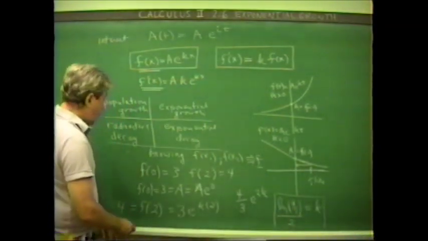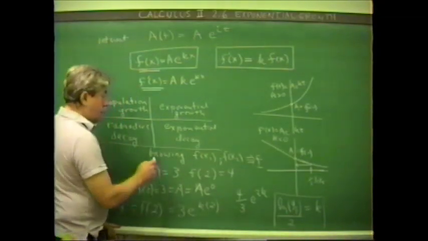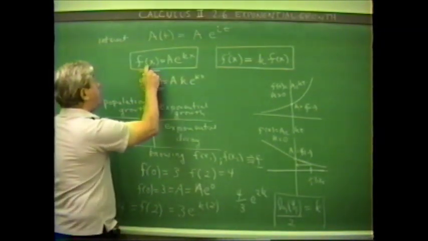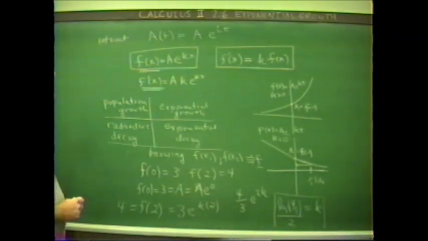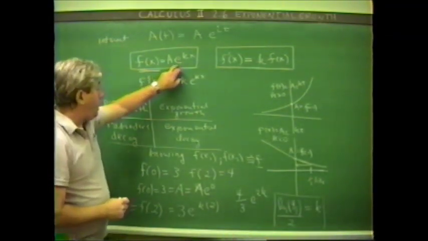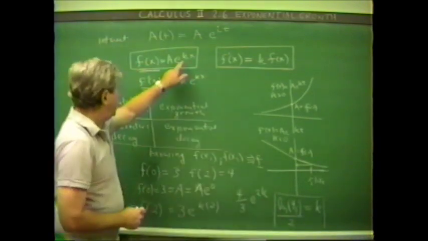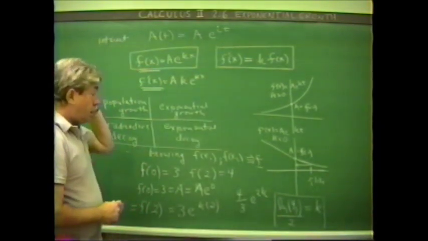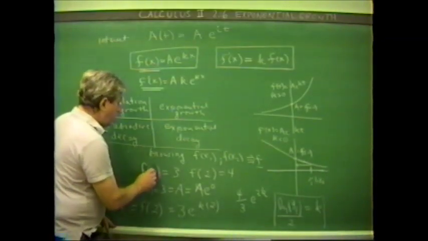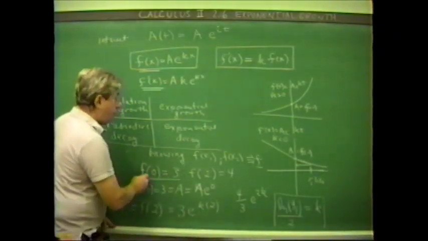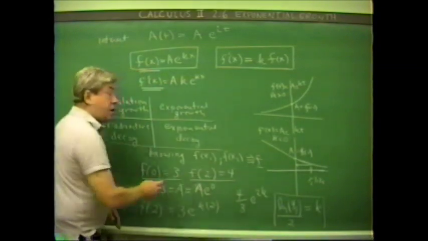We also have a: a is 3, and so we know what the function is. f of x is 3e to this quantity kx. If you know some value other than 0 for the function f, things are a little bit more complicated. We'll take a look at that next.